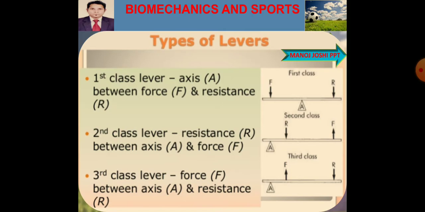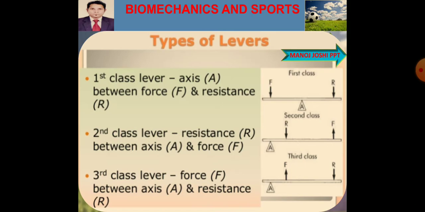Type 2 lever, the second class lever, is one in which the resistance is between the axis A, or we can say the fulcrum, and the force. So on one end of the bar there is the fulcrum, at another end of the bar there is the force, and in between there is the load or resistance.